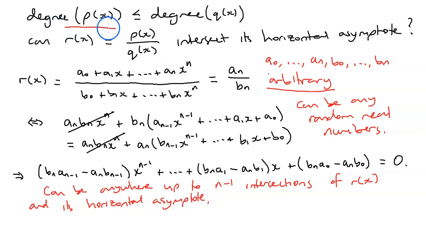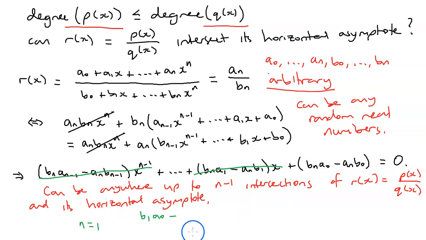And this is when the degree of p of x is less than or equal to the degree of q of x, and of course r of x is equal to p of x divided by q of x. The case that we looked at before on the previous slide was when n was equal to 1, and so in that case x to the n minus 1 would be 0. And we found that it can only be true if, if n is 1, it's b1 a0 minus a1 b0 equals 0.